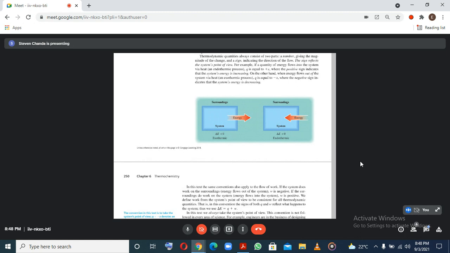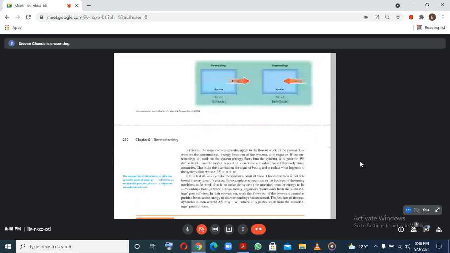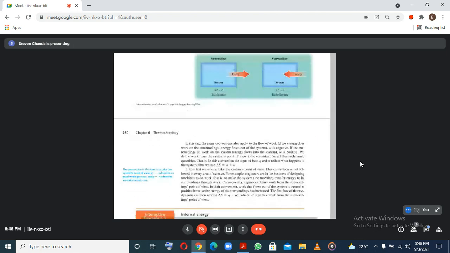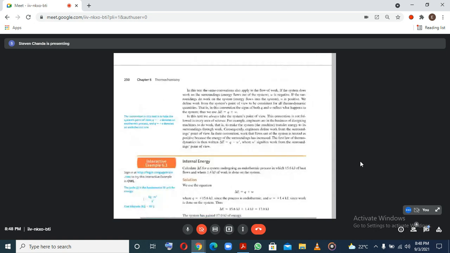Remember, we are always looking at these things from the perspective of the system. So if a system does work on the surroundings, what does it cost to do work? For you to do work, it costs energy. When you are told to clean something, you don't finish cleaning and feel energetic, do you? No. Rather, when you are done cleaning, you feel tired.